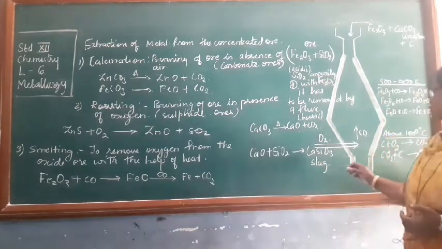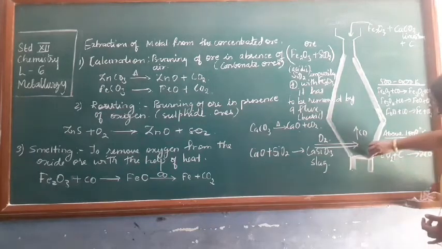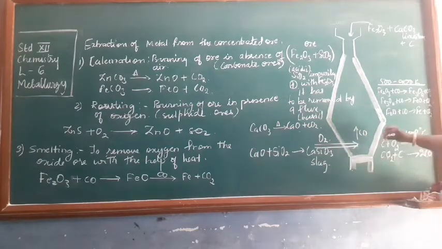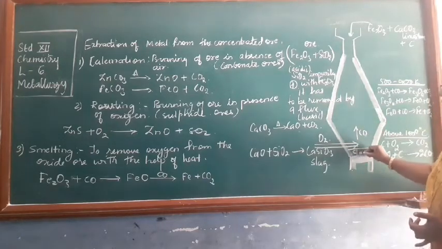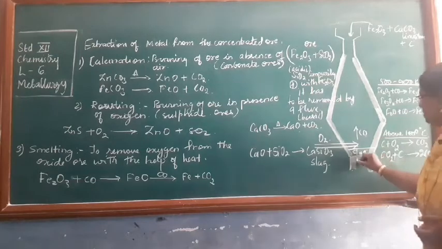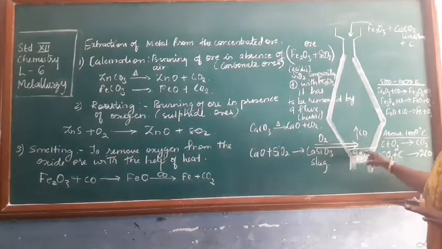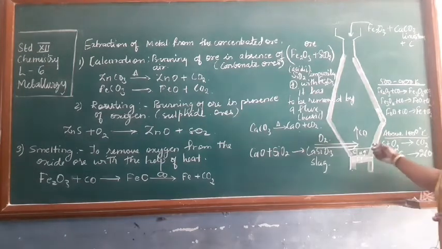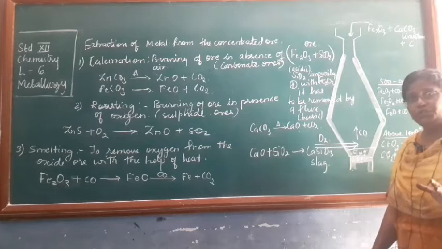You have obtained metal here, so the metal Fe will float here, and above it you will have this slag floating above the metal. This is your Fe metal in the molten state, and this is the slag. The slag will remove the impurity of SiO2, that is one of its uses.